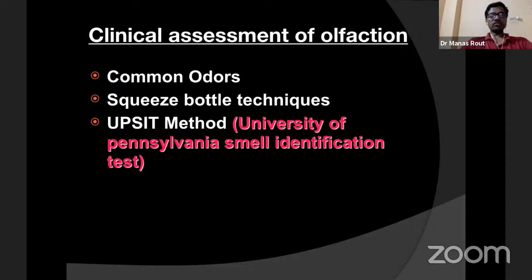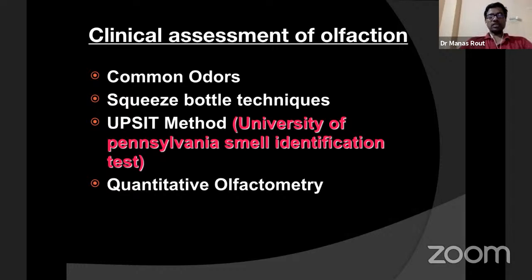That is called the University of Pennsylvania Smell Identification Test. Here there will be different cards, and they will be given to the patient, and the patient will have to write down whether he is able to smell or not, and accordingly you calculate and find out whether the patient's olfaction is good or not.